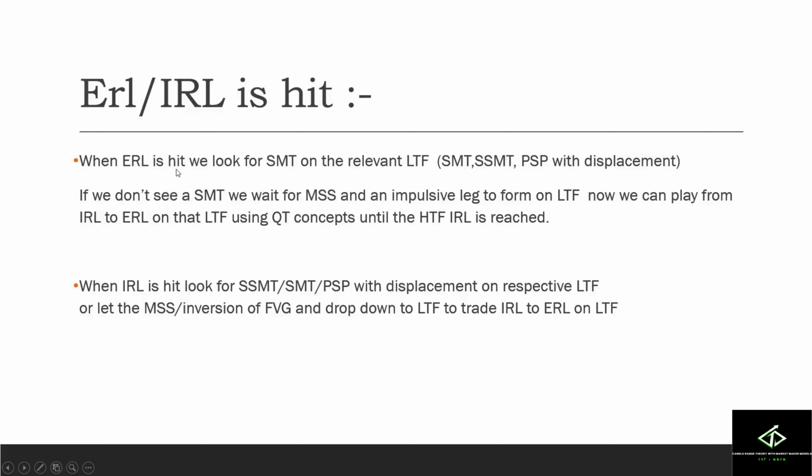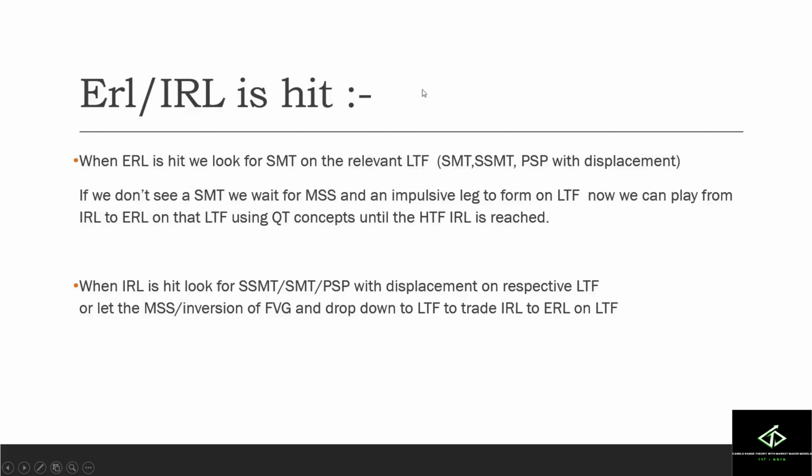So suppose the price hit the external range liquidity, but we don't see any SMT. What will we do? We will look for an impulsive leg to form on the lower time frame, right? What is an impulsive leg? We have a swing high or swing low, price moves, and price creates a fair value gap.